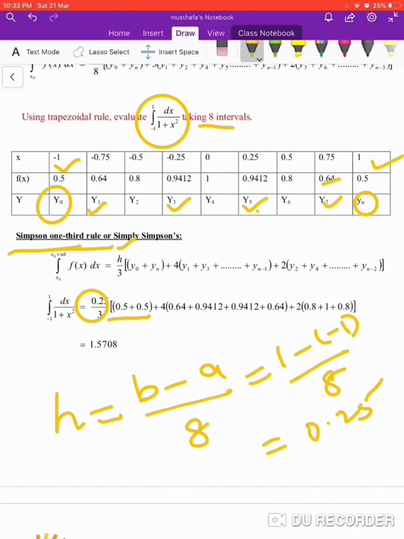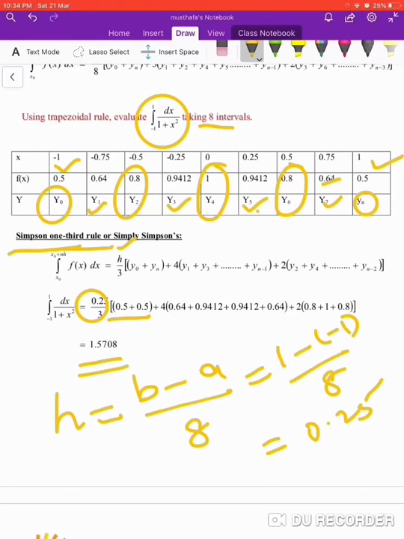What are the even entries we have? y2, y4, y6 are the even entries, and take down these even entry values and multiply by 2. On simplifying, you will get the integral value. Finding the integral by Simpson 1/3 rule is very simple, and the formula is easy to memorize.